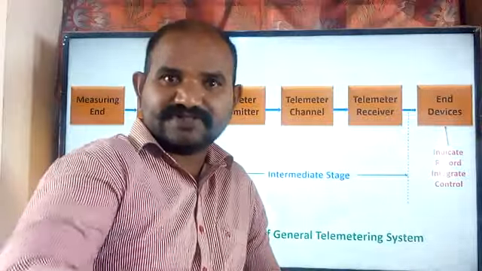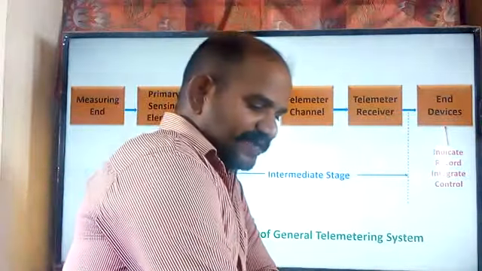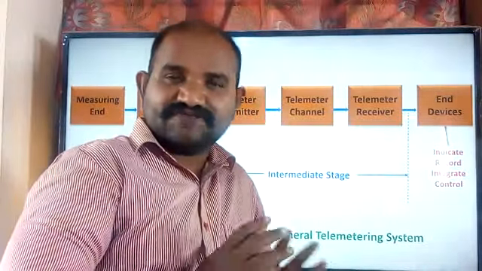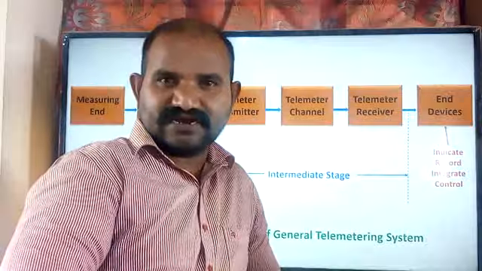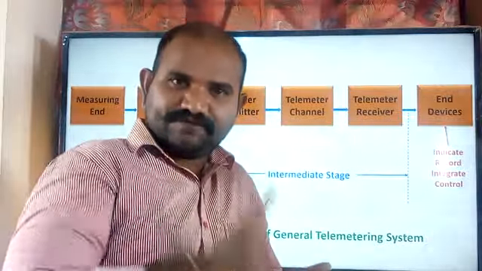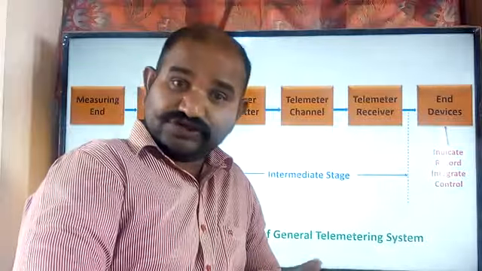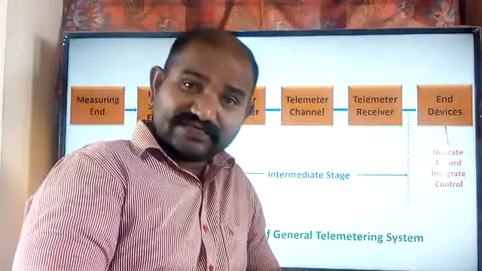Means using impulse signals also we are sending the information. Depending on the transmission media, the information is transferred in electrical signal format like frequency, voltage, current, position, as well as pulse format.